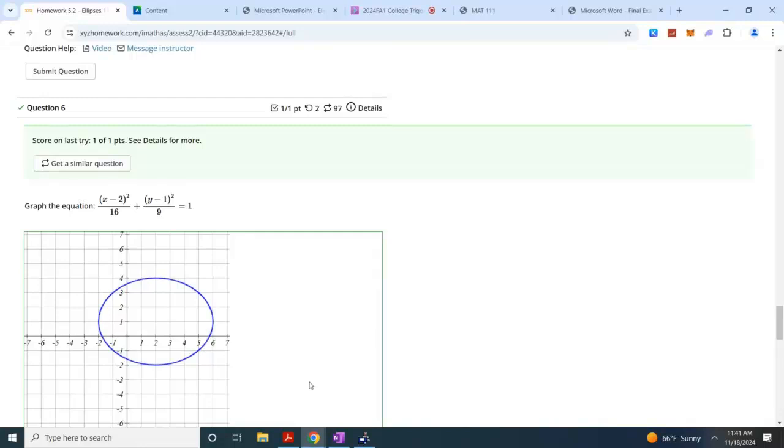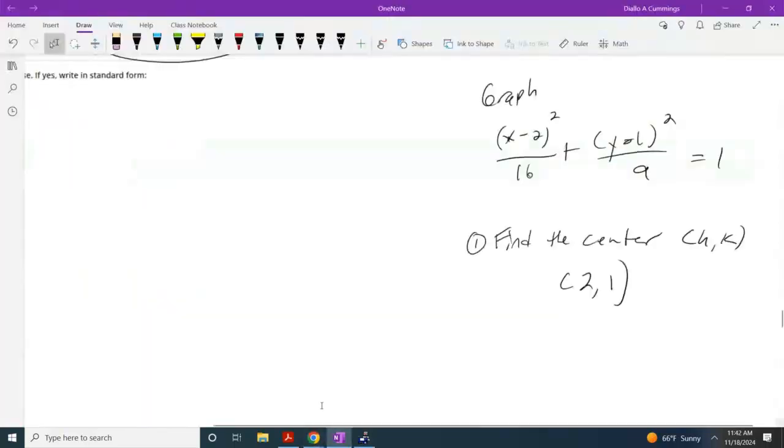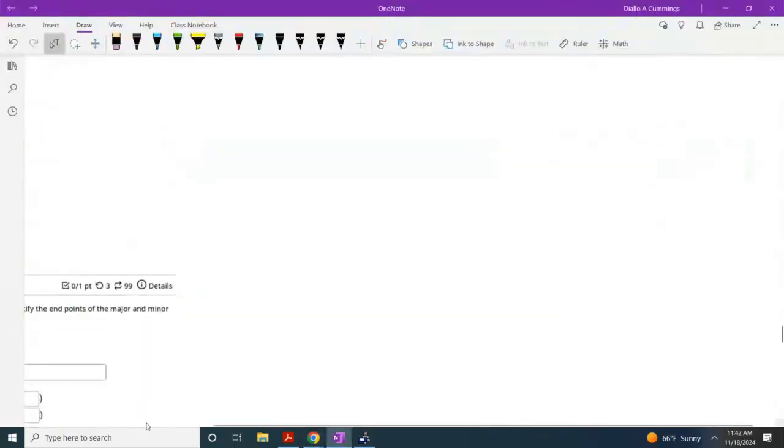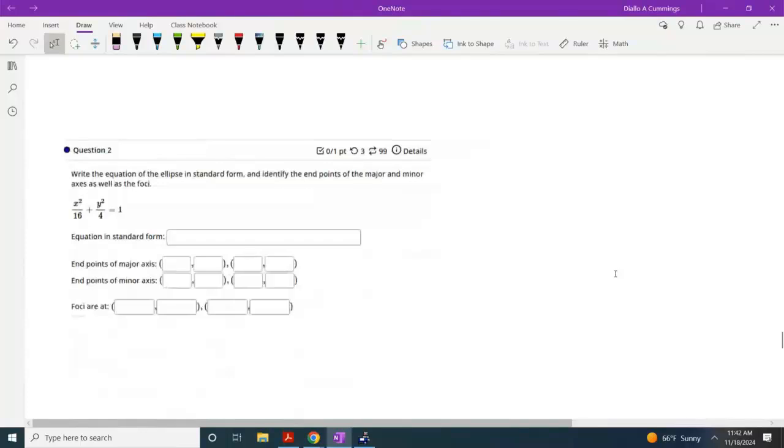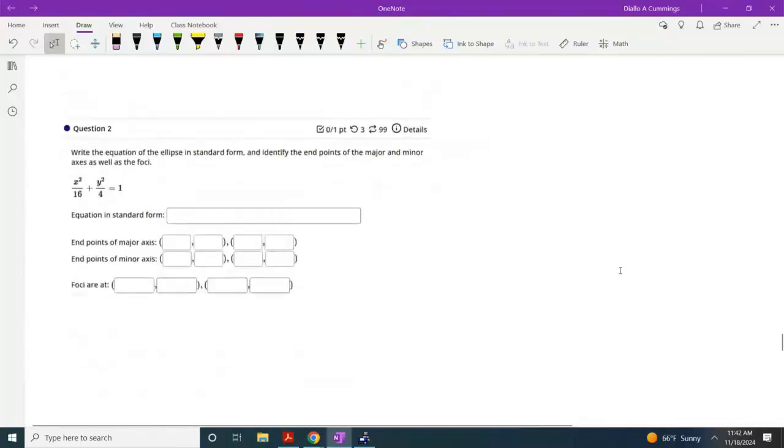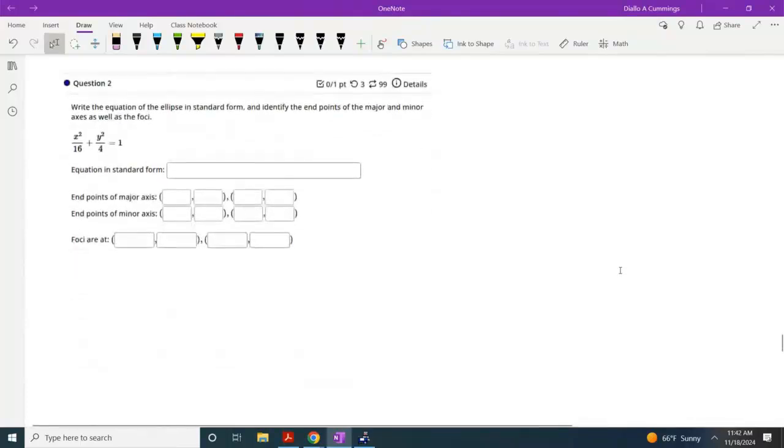Okay. All right, so that's just for the graphs. So no graphs by hand, just knowing how to put them into the program and graph. All right, now we're going to take a look at finding the major axis points, endpoints, foci points, and how to rewrite an equation in standard form.